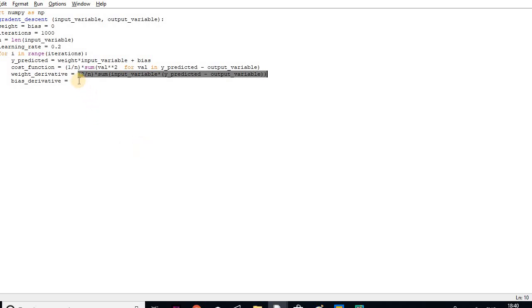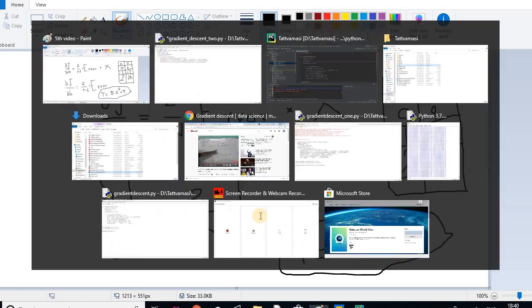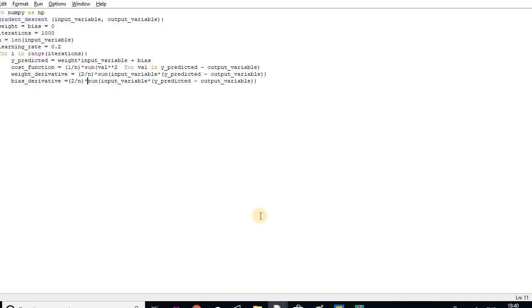So this one, but I am going to remove the input variable, because in this formula for the bias partial derivative, x is not here, here x is there. x means the input variable here. I am going to remove that.